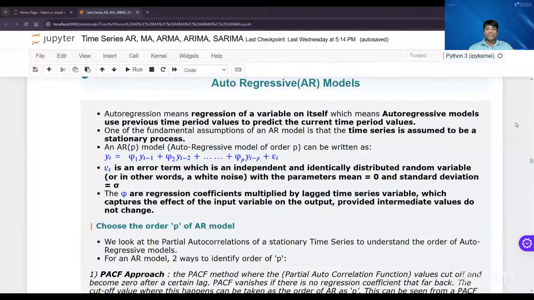In the formula you can see y(t-p), which is the variable that tells you about the lagged past.